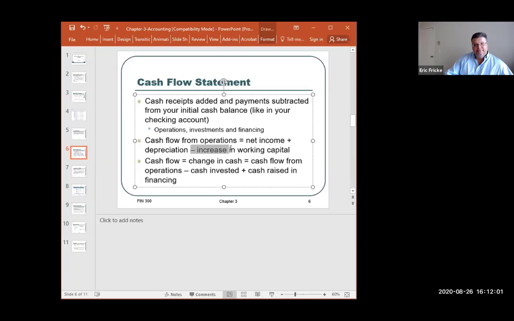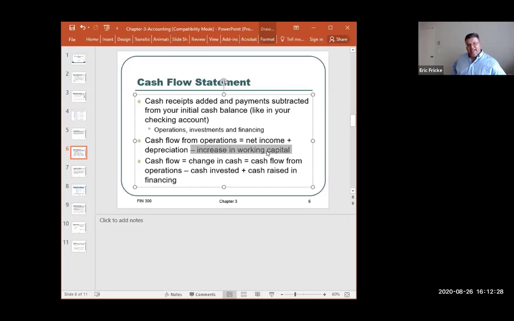And the last main category for cash flow from operations is this increase in working capital. And I think the easiest way to think about this is, remember, net income on the income statement doesn't really take into account when you buy more inventory. Instead, it only recognizes when you sell that inventory to take into account the cost of goods sold.